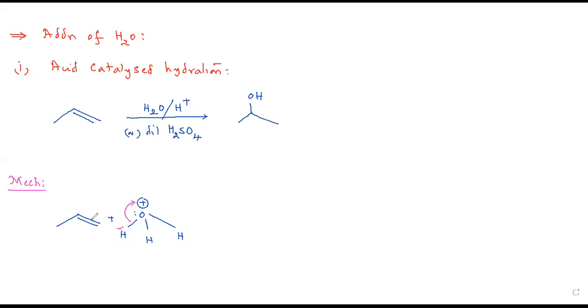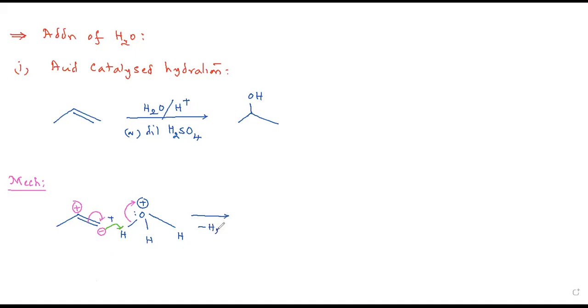Let us make the mechanism this way. I got a positive charge on a secondary carbon, a better thing, right? Straight away, it can be shown as I have shown in the previous way, or else you can do this, which will give you some more clarity. Now, what happens?